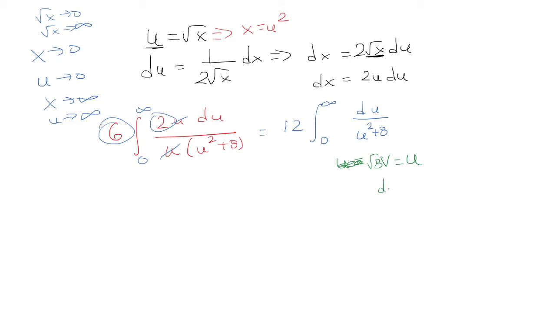Okay, so then du will be root 8 dv. Okay, so let's see how that changes. So du is root 8 dv. U squared, that's just root 8 times v squared plus 8.